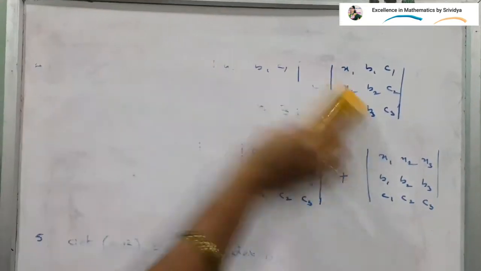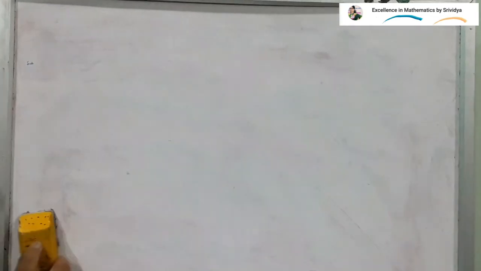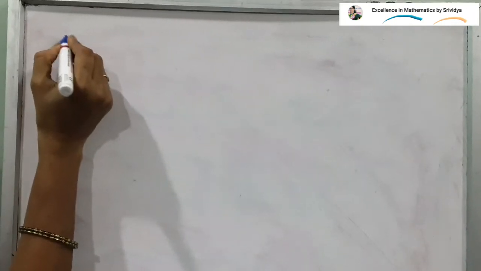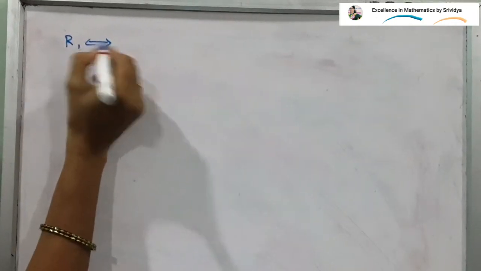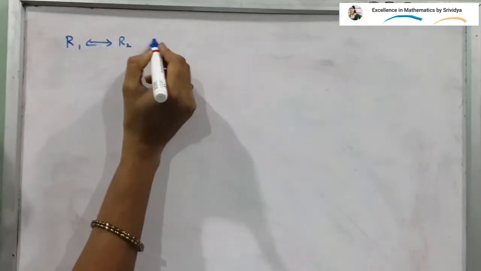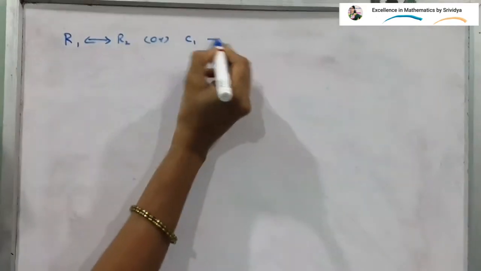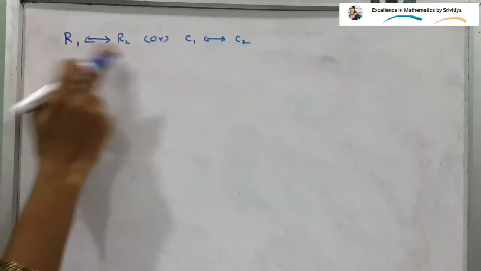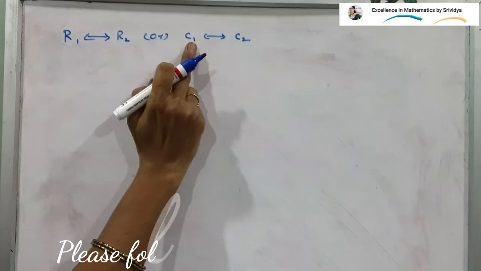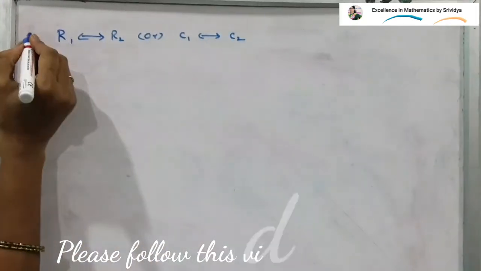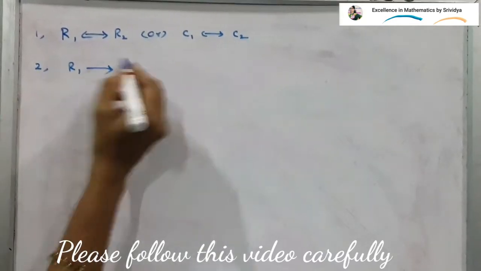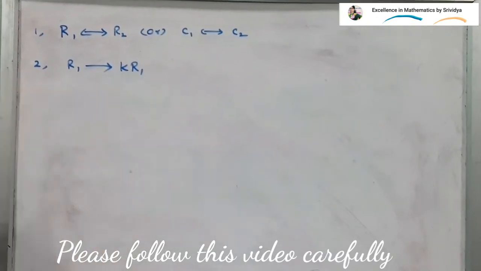Next heading is notation. Now we are discussing some notations. Suppose R1 interchanging R2 or C1 interchanging C2. That means interchanging R1 and R2 or interchanging C1 and C2. Suppose R1 tends to KR1.